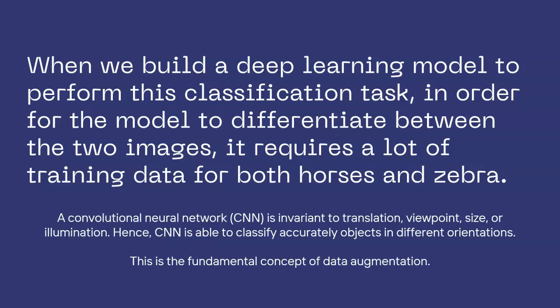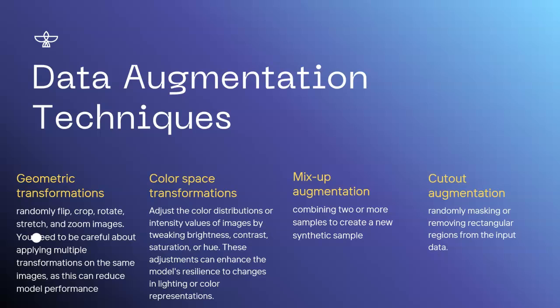By changing the viewpoint, increasing the size, decreasing the size, and applying different translations, reflections, and rotations, you can increase the number of images available for the training. So this is the fundamental technique used for increasing the data set for the training.